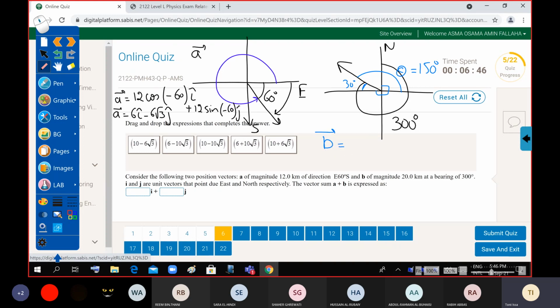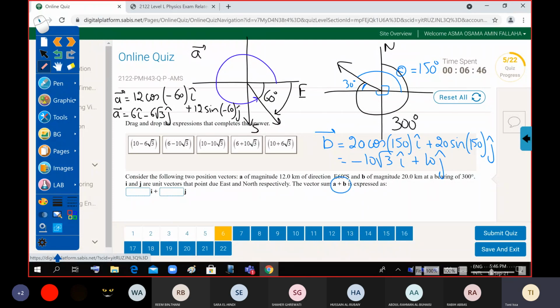It is going to be magnitude 20 cosine 150 i plus 20 sine 150 j. Okay, and then when you do it on the calculator, you will get minus 10 radical 3i plus 10j.